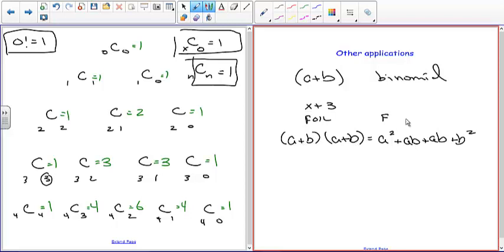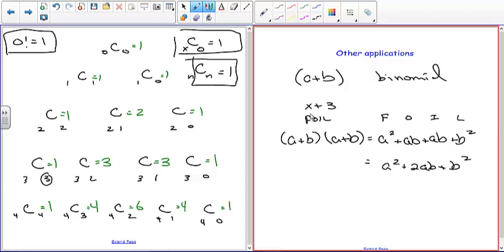So this is F, this is O. I is inner, so you do b times a, which is still ab. That's the inner, and b times b is the last. So that's FOIL. And you can then simplify that by adding these two terms together because they're the same. So you get a squared plus 2ab plus b squared.